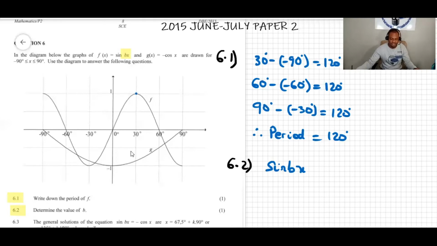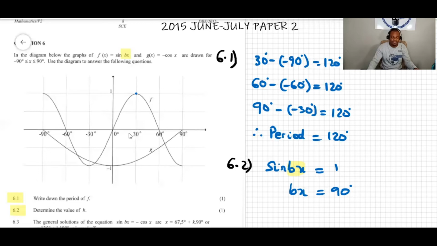This means that sine of bx is equal to 1. If sine of bx is equal to 1, this implies that bx is equal to 90 degrees, because sine of 90 degrees is equal to 1.